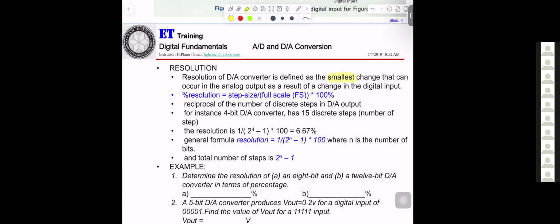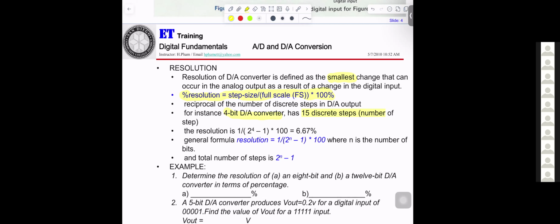Resolution equals step size divided by full scale times 100%, the reciprocal of the number of discrete steps in the output. For instance, a 4-bit DA converter has 15 discrete steps. We already talked about this.